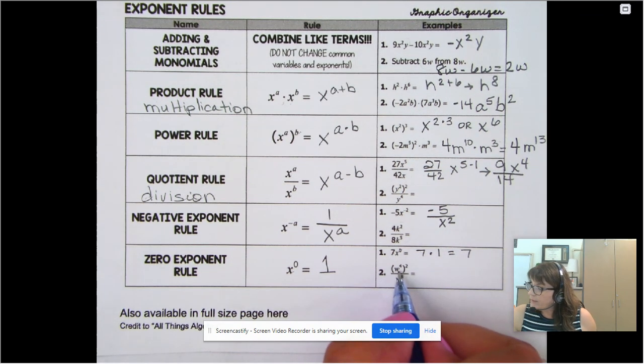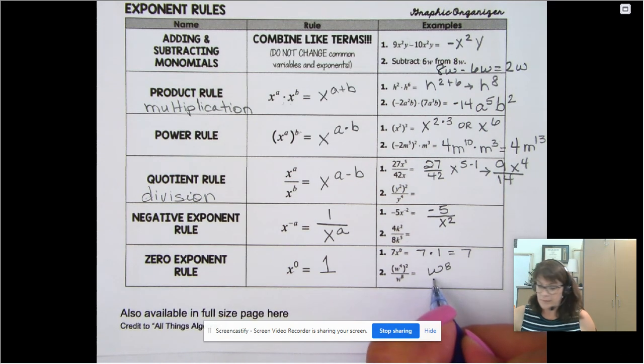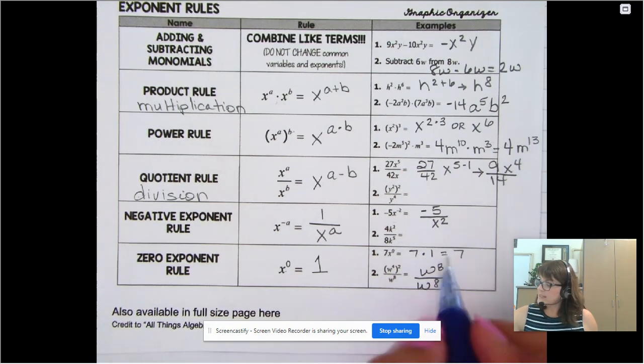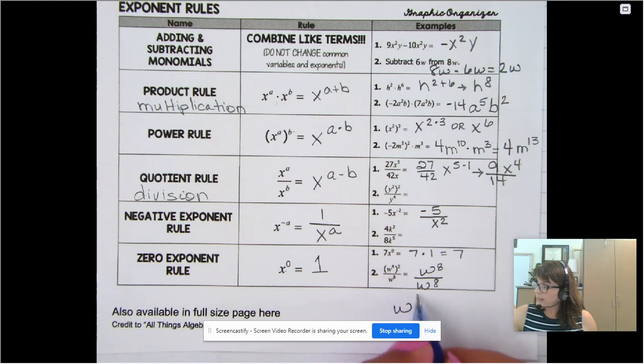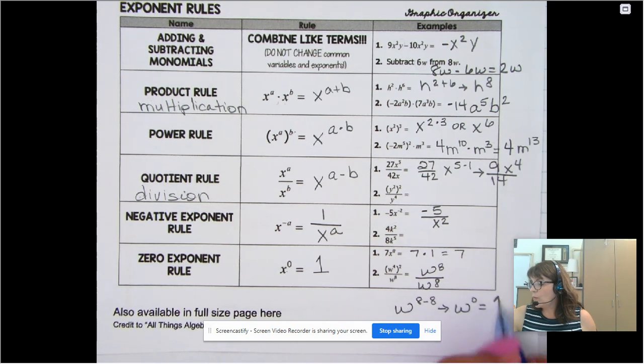On this one, I have a power being raised to a power. So w to the 4th power raised to the 2nd power would be w to the 8th power. The bottom already says w to the 8th power. The rule says I can subtract those. W to the 8th power minus 8. W to the 0 power equals 1.